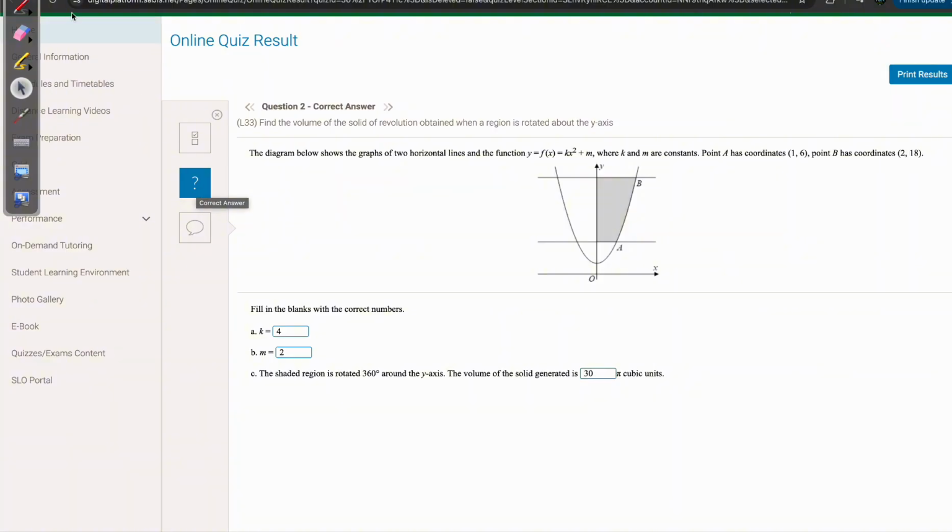So for this question, what we're gonna do first is create a system of equations. We're gonna substitute f of x or y by, let's start with 6. So 6 is equal to k plus m. And then 18 is equal to 4k plus m.